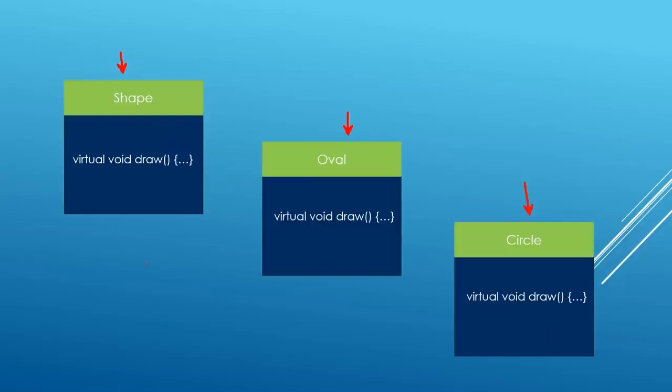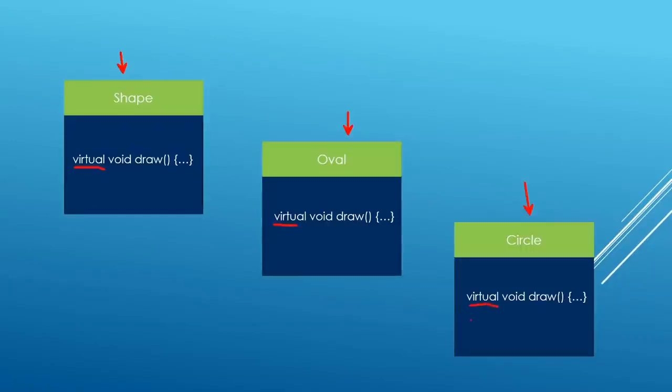I am here to tell you in this lecture that you can just achieve that by doing a tiny modification on your inheritance hierarchy. All you need to do is to mark the methods you need to be dynamically resolved virtual. And we do that by inserting this virtual keyword in front of our function. So we're going to do that on our shape class, we're going to do that on our oval class, and we're going to do that on our circle class.